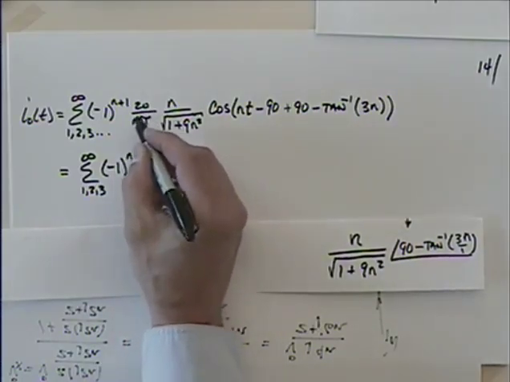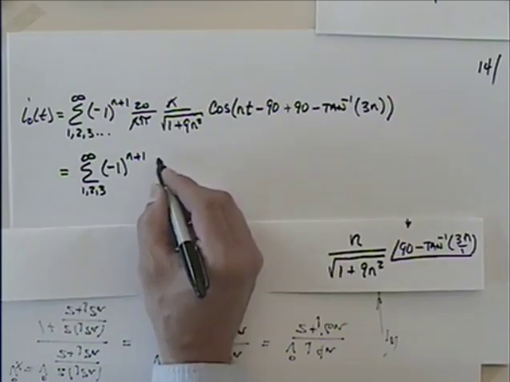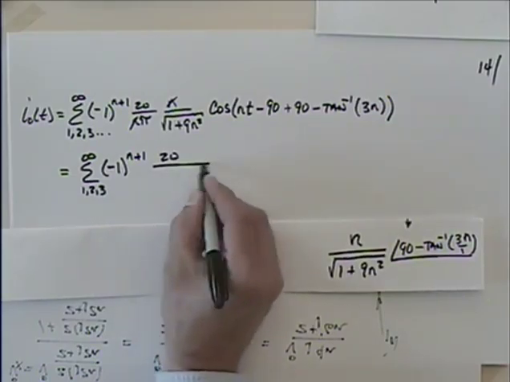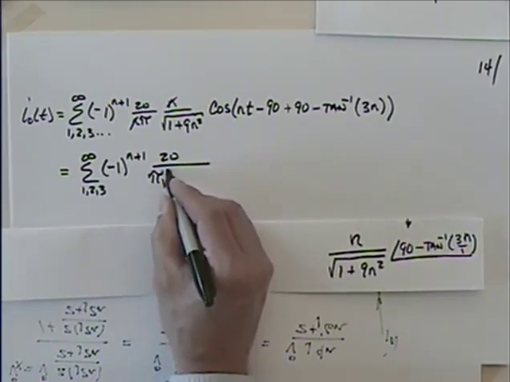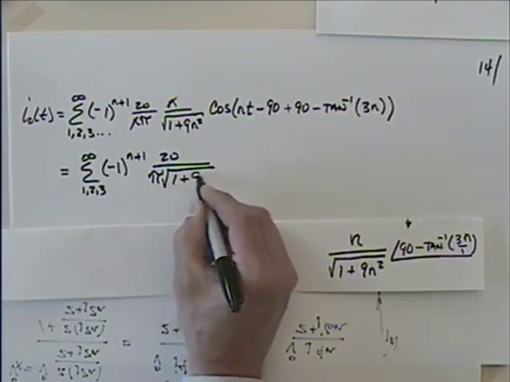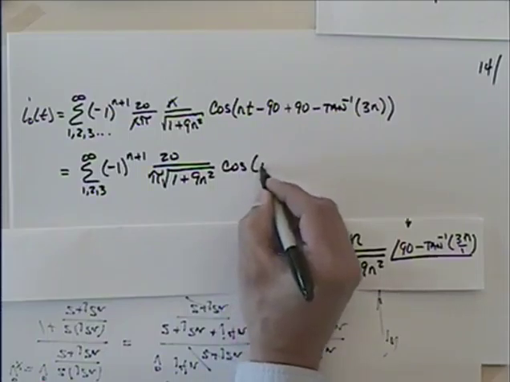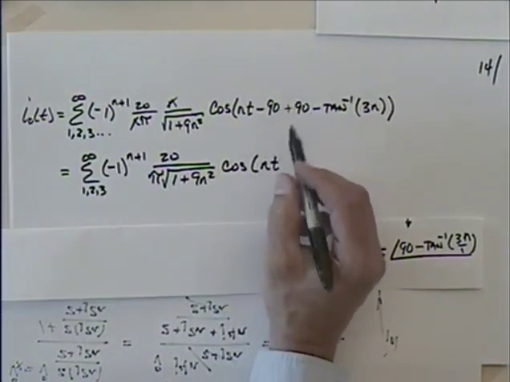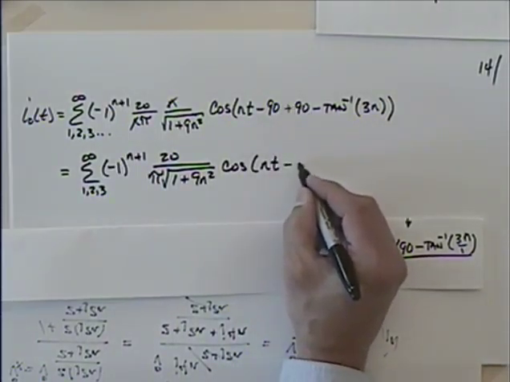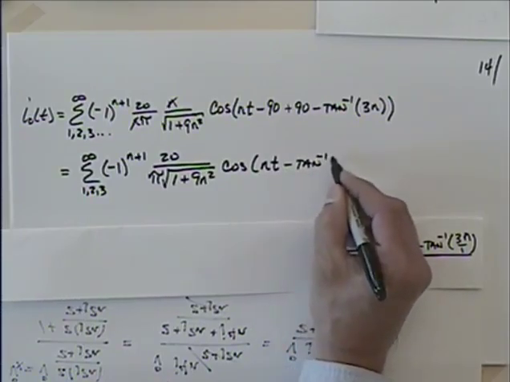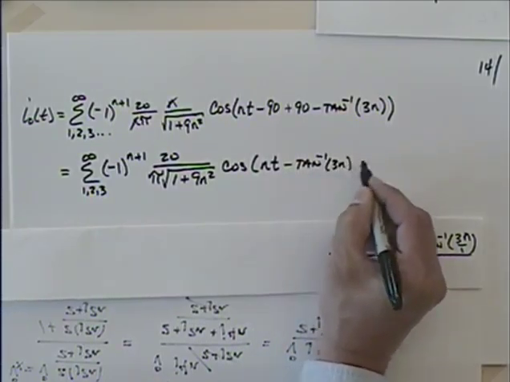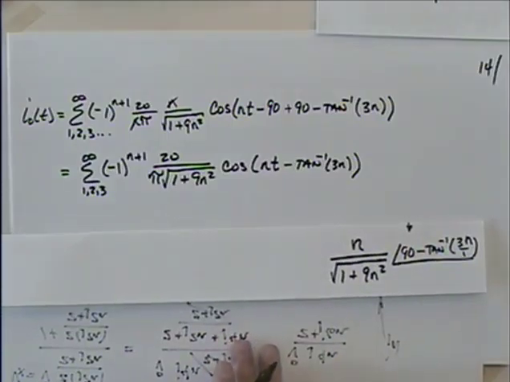And let's see, I can cancel those n's, and I have 20 divided by pi times the square root of 1 plus 9n squared times the cosine of nt. My 90s cancel. I have minus then the arctangent of 3n. Okay.